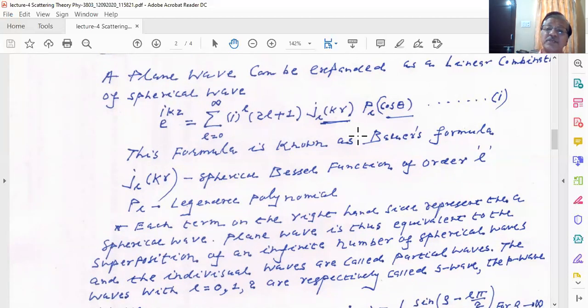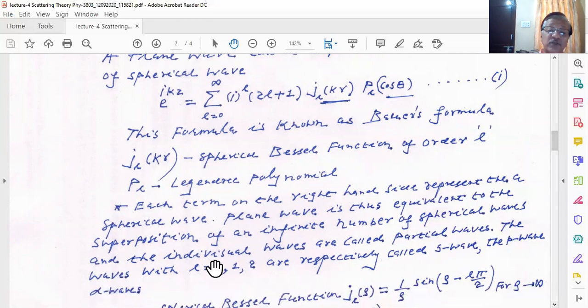These waves are characterized by the quantum number l. The waves with l equal to 0, 1, 2 are respectively called S wave, P wave, and D wave. If you have a spherical wave which is an S wave, for that we have l equal to 0.